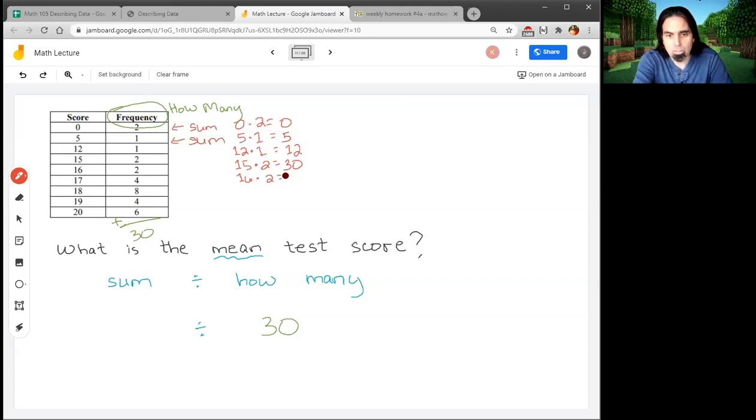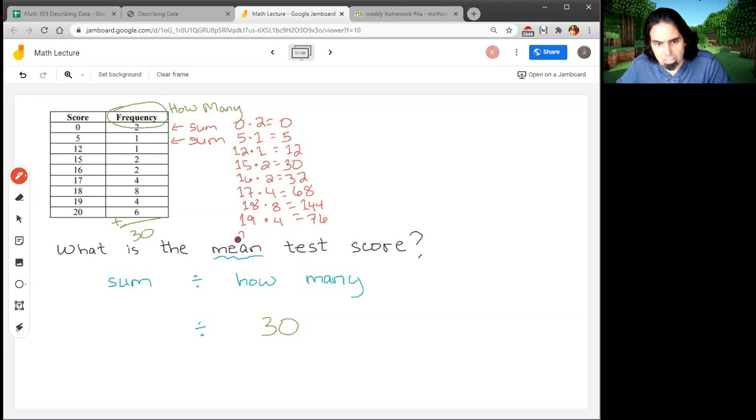Oops, that's a really messy 32. And we have 4 17s. We have 8 18s. We have 4 19s. And 26s.